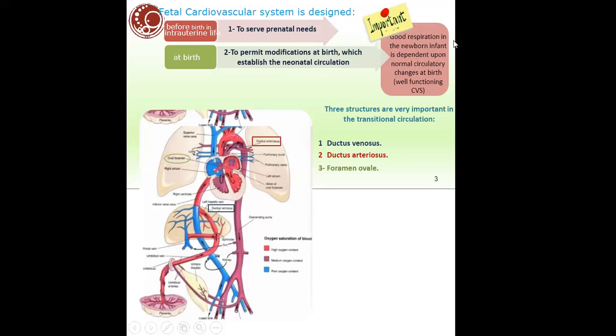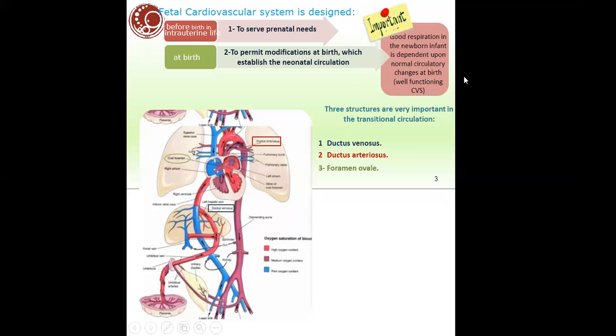Why? Because the change is important, and the changes we will come to and discuss in the coming slides, if God wills, help in the high oxygenation of the lungs and thus the body.